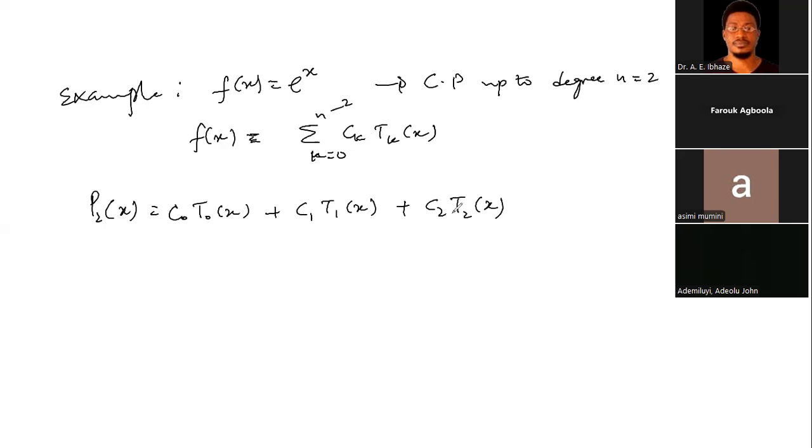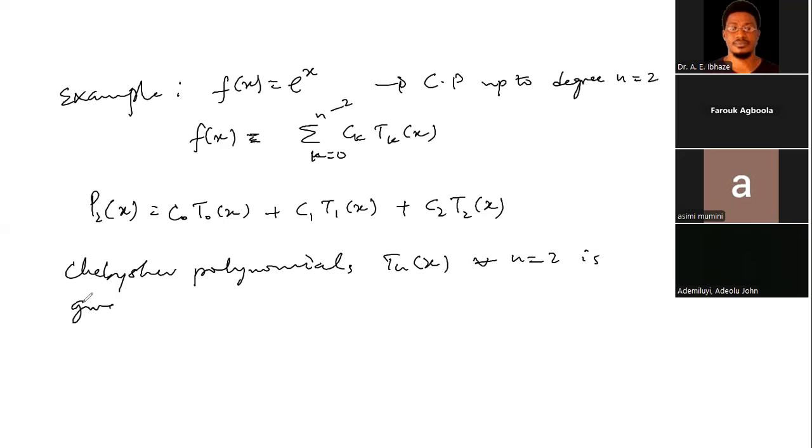And we already know that through the recurrence relation, the Chebyshev polynomials are already defined. So the Chebyshev polynomial T n of x for all values of n greater than or equal to 2 is given by the recurrence relation.